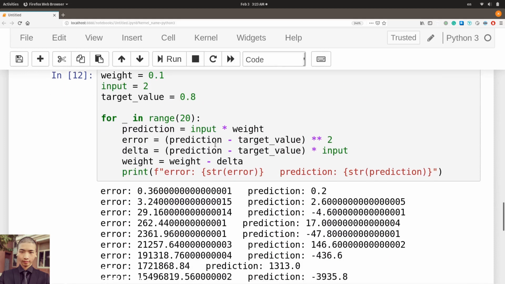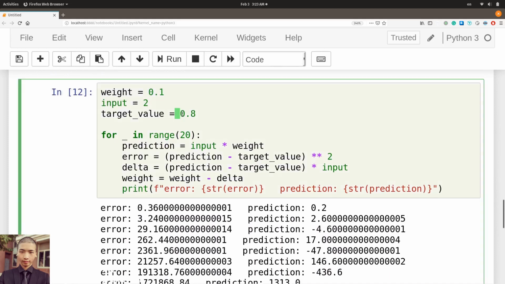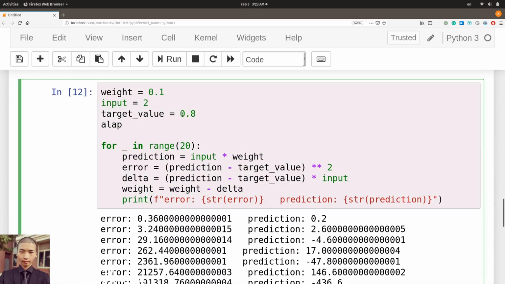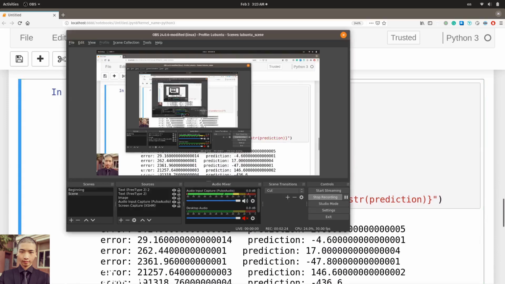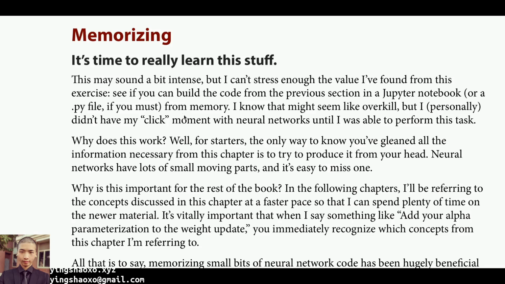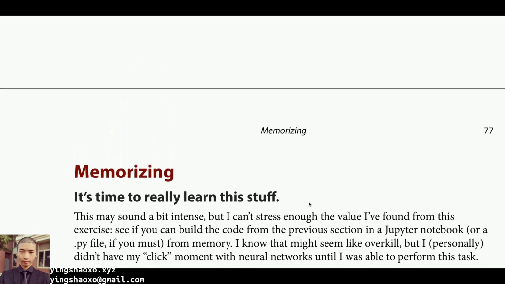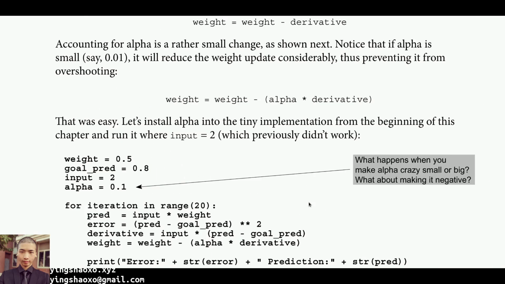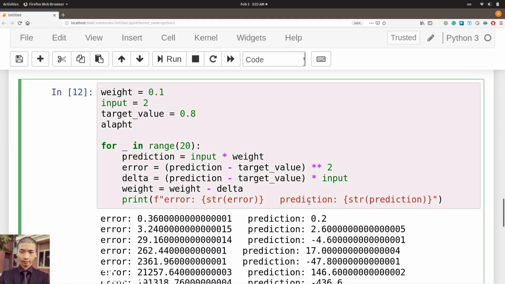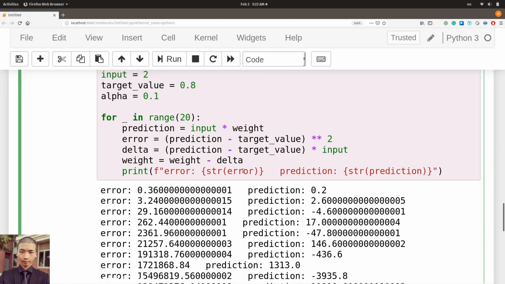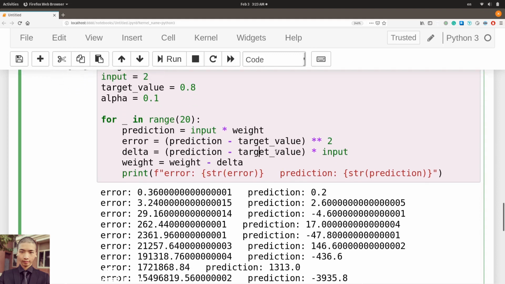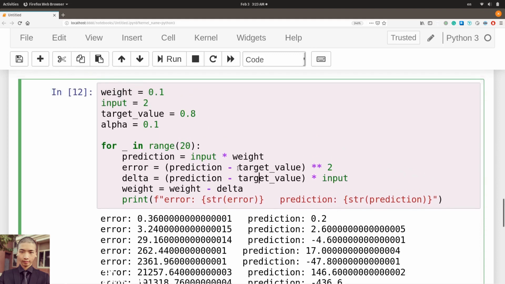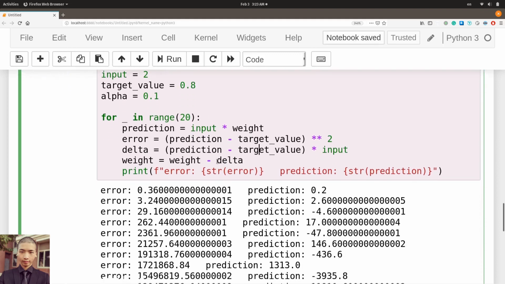The author said we should add another parameter, the alpha. I don't know how to spell it, so I have to check it out. Alpha, A-L-P-H-A. Let's say it is equal to 0.1, and we have to add this alpha to the calculation. Where should I add it? Okay, it's right in here.